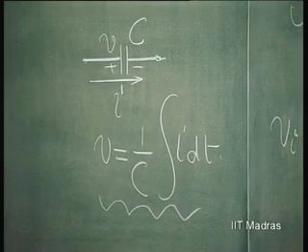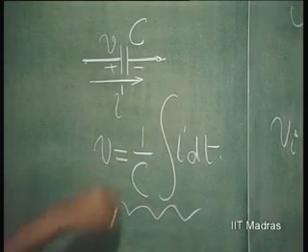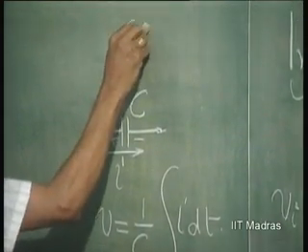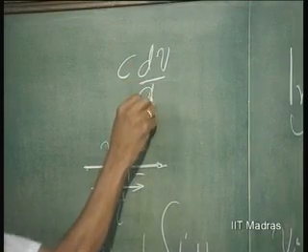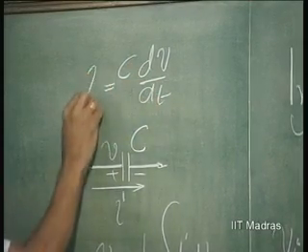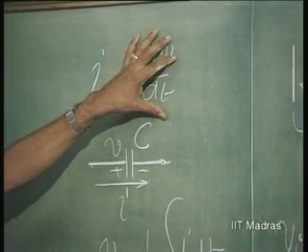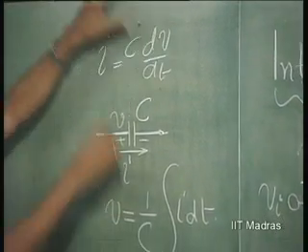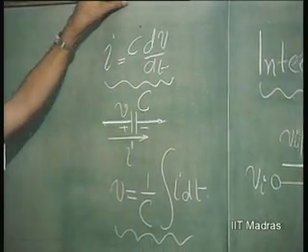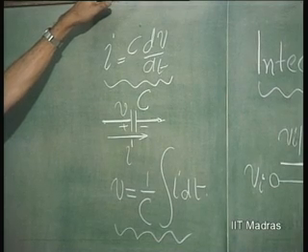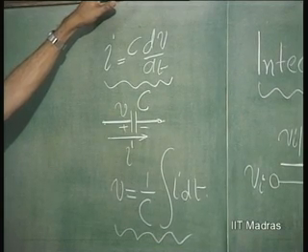So, this is the basic principle that is used in integration. In fact, you can use this the other way about, C dV by dt is equal to I. So, it can be used either as an integrator or as a differentiator. The same capacitor can be used. How do we do it?